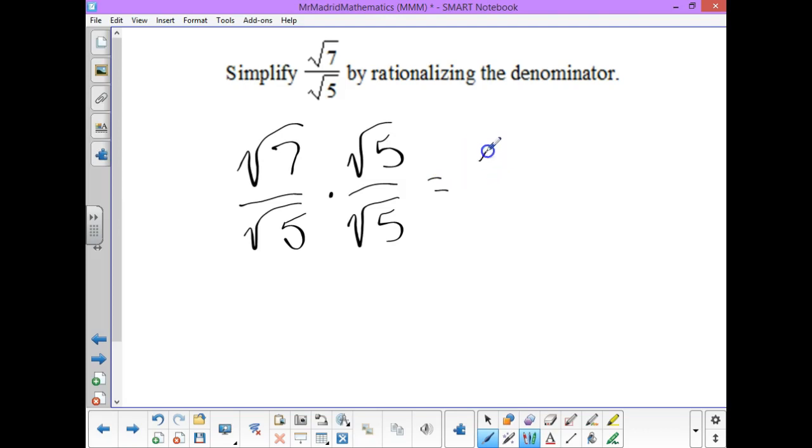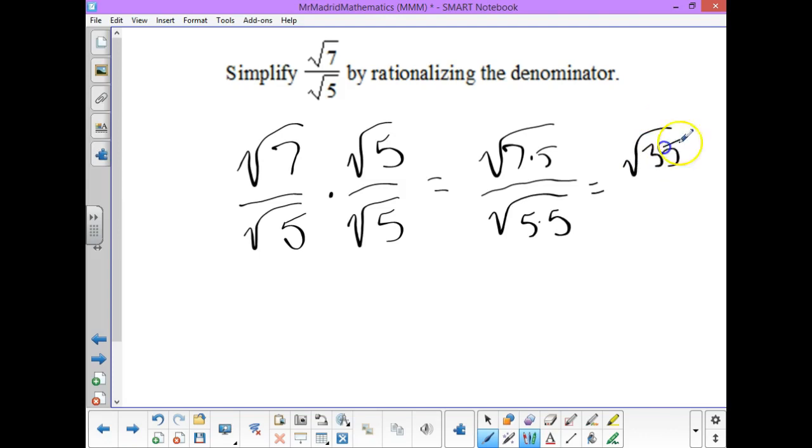Check this out. What you get here is they can now be combined under the same radical. So now you have this: the 7 times the 5 under the radical, and underneath here you have the 5 times the 5. Now we can take care of the math, and we get the square root of 35 over the square root of 25, right?